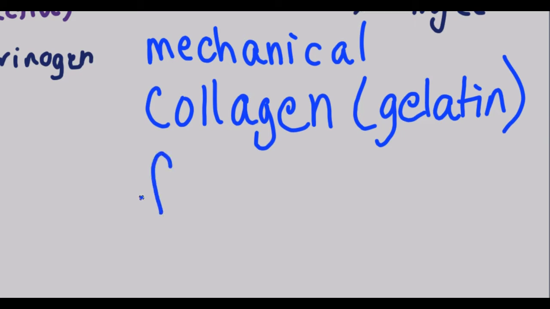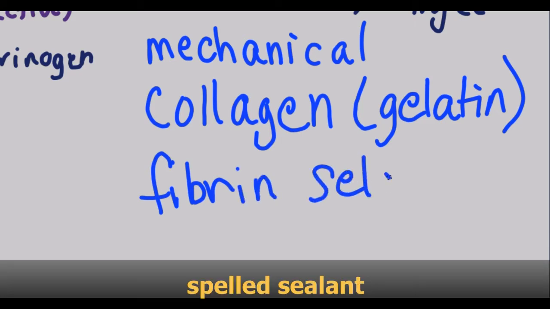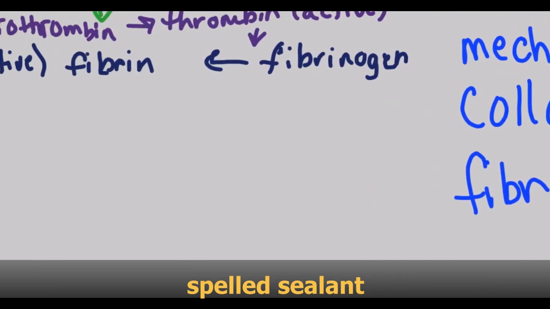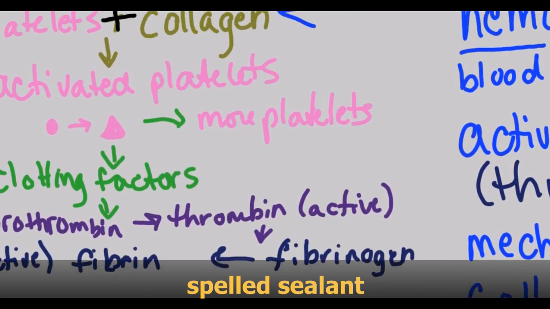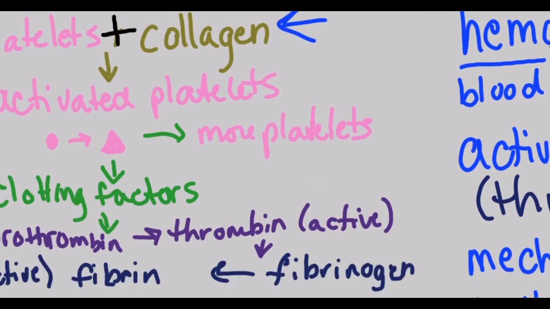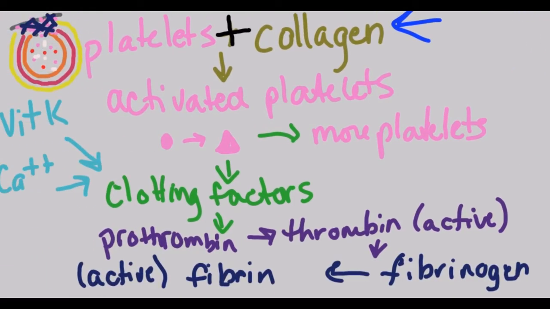We can also have a fibrin sealant, which is going to, of course, be this last step in our clotting pathway, where the fibrinogen turns to fibrin, and that actually is the clot that forms up here, this ring.